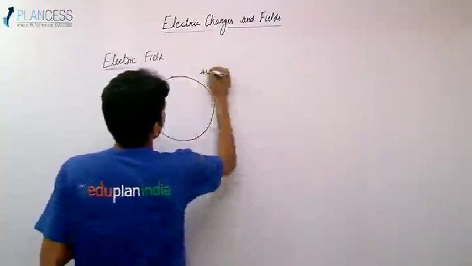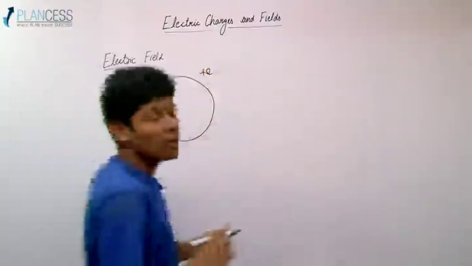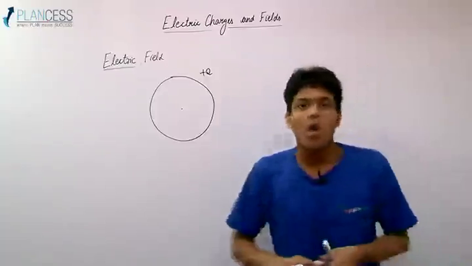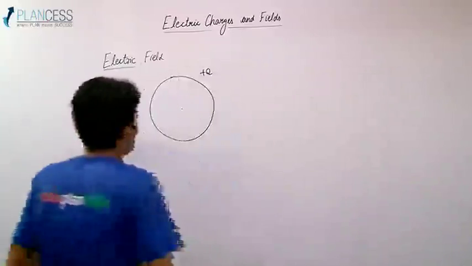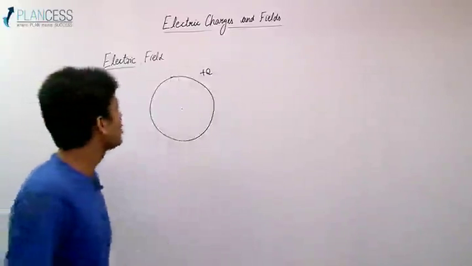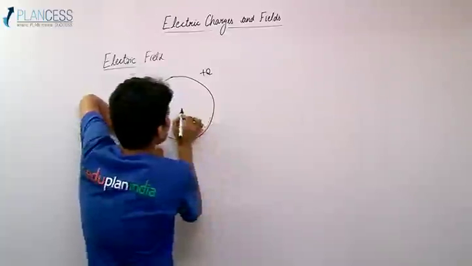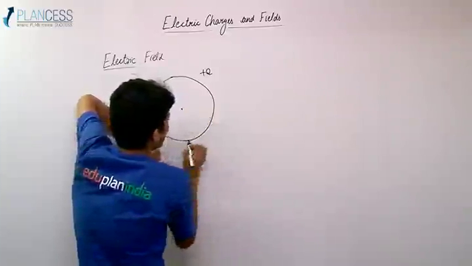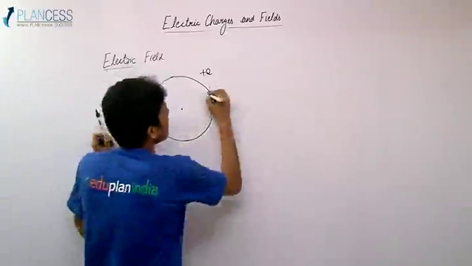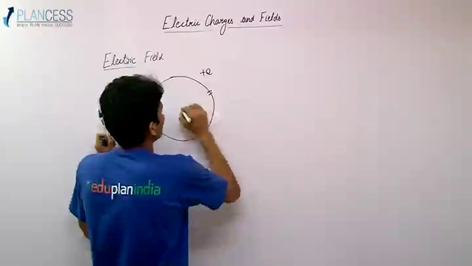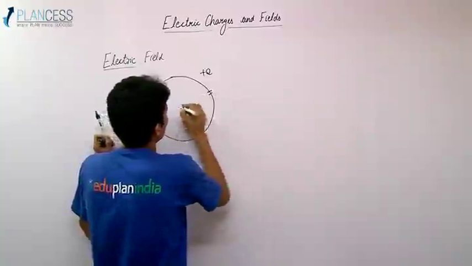So this is a ring of plus q charge. Let's firstly calculate the electric field by this ring at the center of the ring. Maybe some of you got it by intuition, but consider the center of this ring. Here is a small part of the ring.